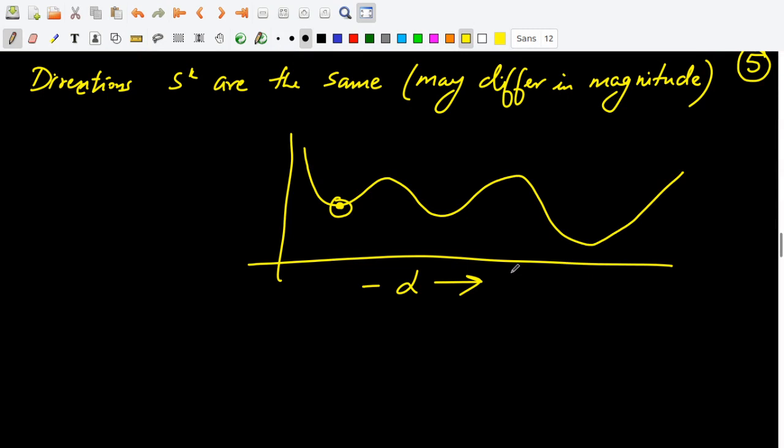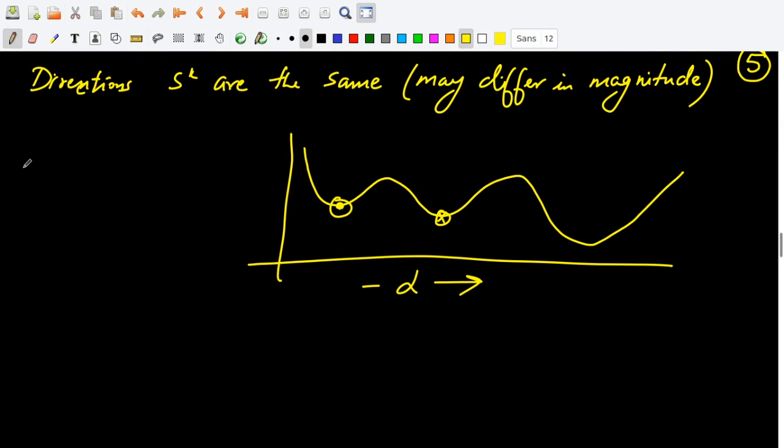But suppose in DFP line search we are choosing this minimum, and in BFGS we hit this local minimum in our line search, then of course the methods will take different trajectories and may not converge to the same point. But as long as you consistently choose the same local minimum in your exact line search, all these different families of updates are identical.